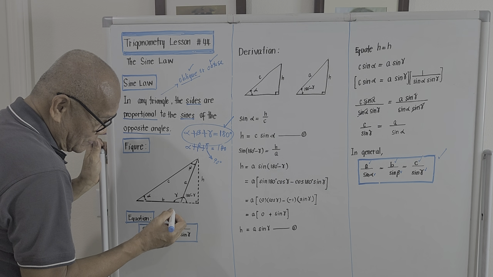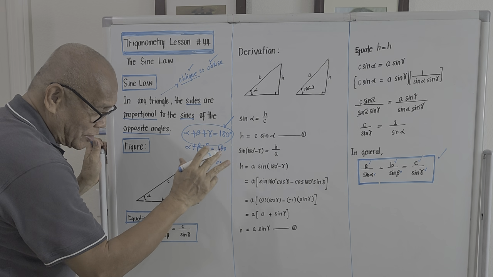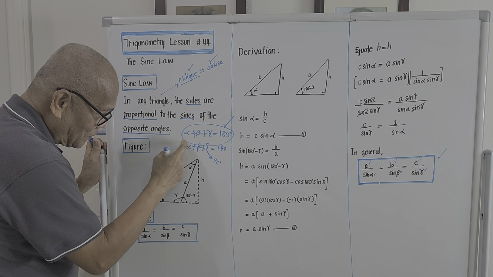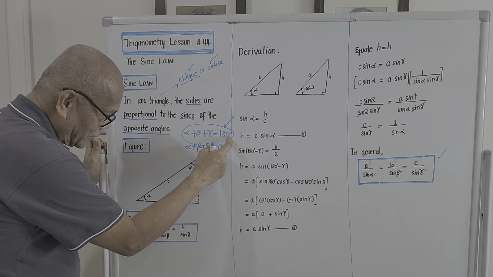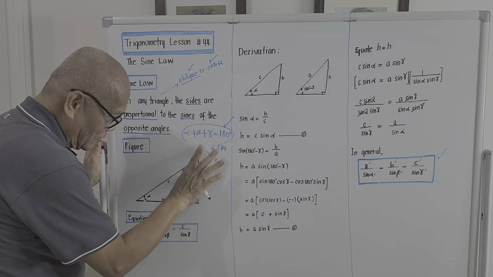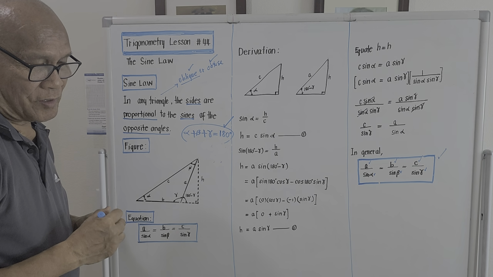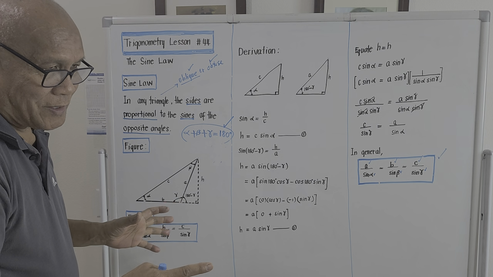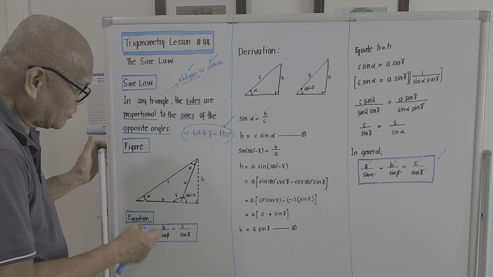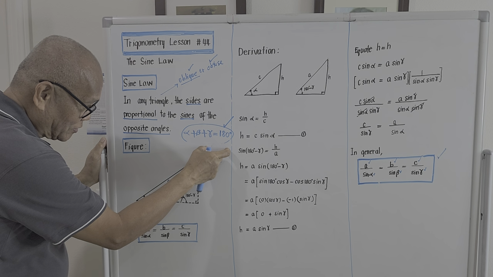So if we are considering an oblique triangle, just think of it that the summation of alpha plus beta plus gamma is equal to 180 degrees and it's not a right triangle. That's the so-called red flag for it to be an obtuse or oblique triangle: the summation of alpha plus beta plus gamma is equal to 180 degrees.